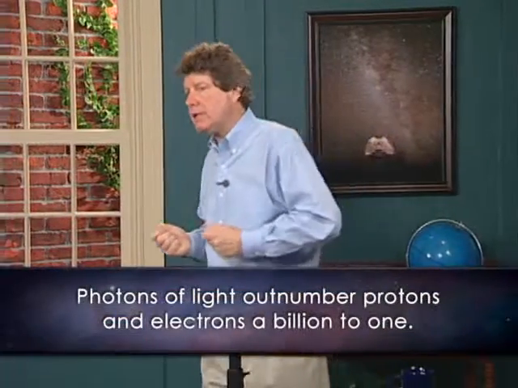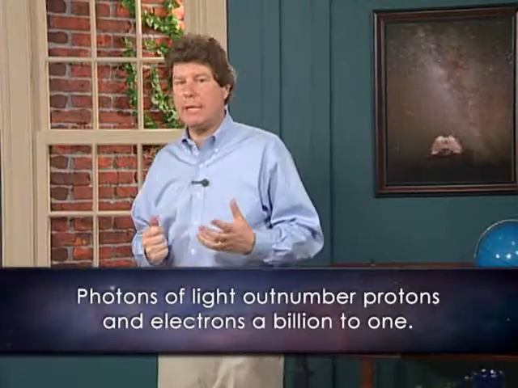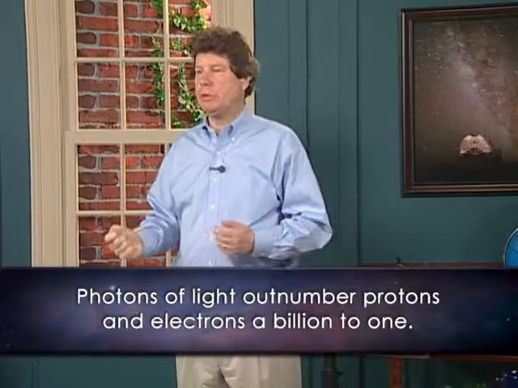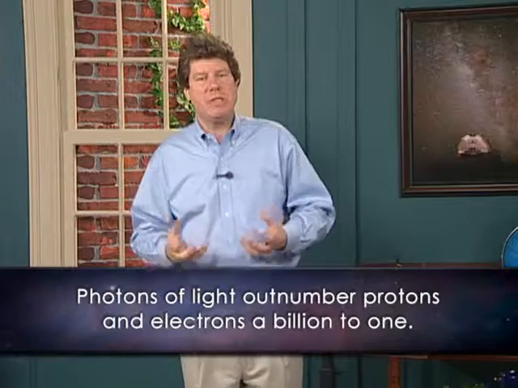Throughout this time, the primary quality of the universe is its enormous brightness. Photons of light outnumber protons and electrons 1 billion to 1. And it's not just that they're more numerous. If we divide their energy by c squared, the speed of light squared, we find that light actually weighs more than the matter.